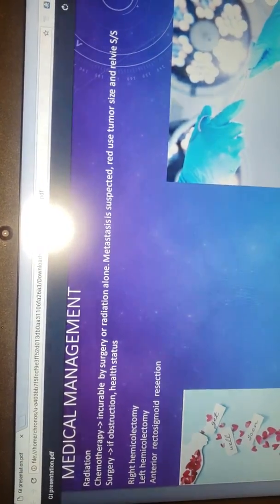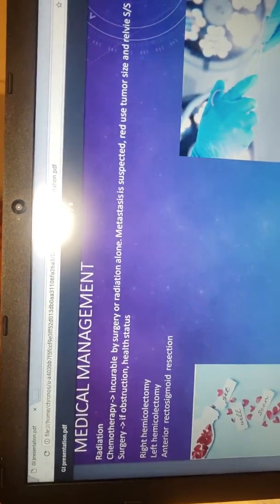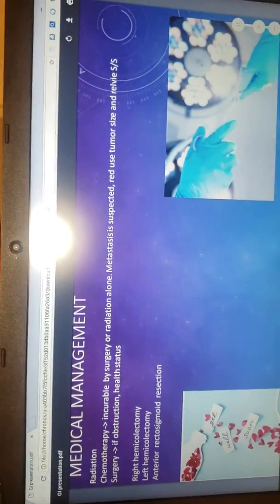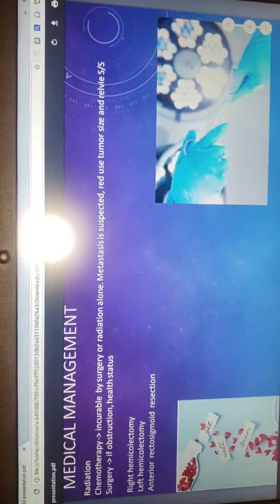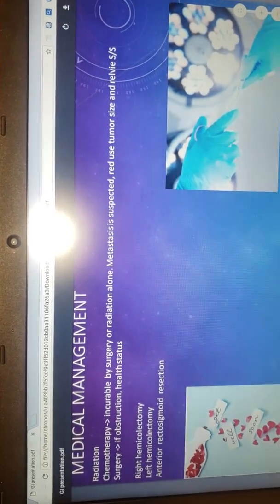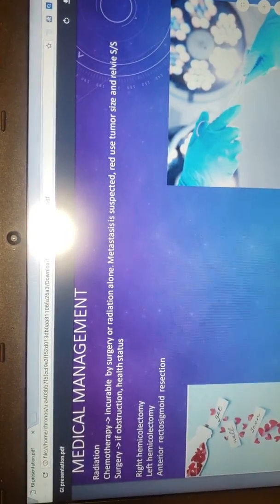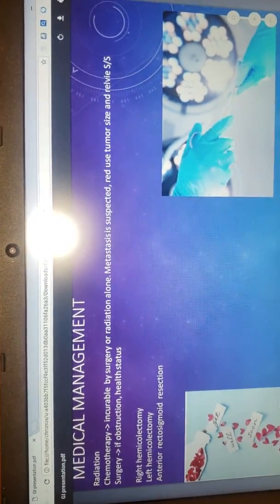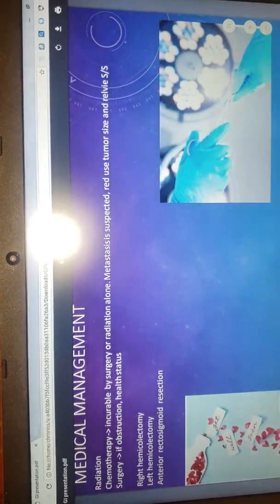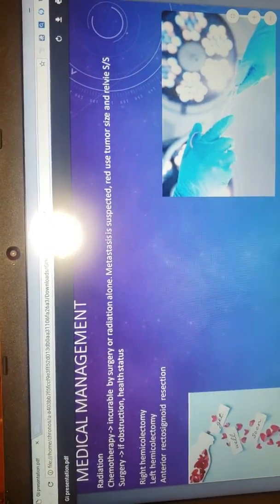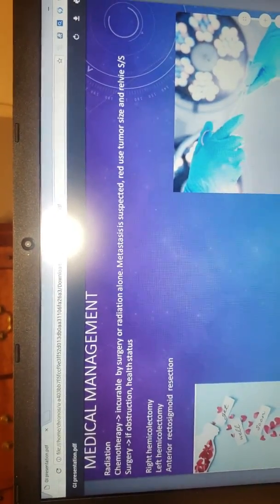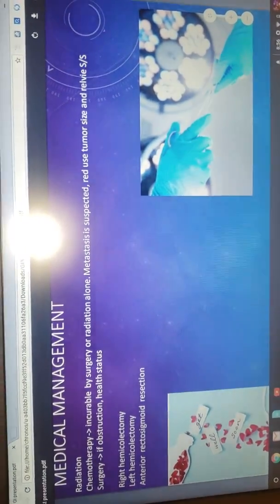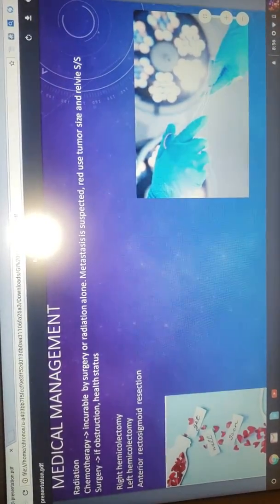If you have surgery, you only have surgery if you have an obstruction or health. Based on your health status, if you're declining, you would probably want surgery. Chemotherapy is also for palliative care when you really just can't do much else for the patient or client.